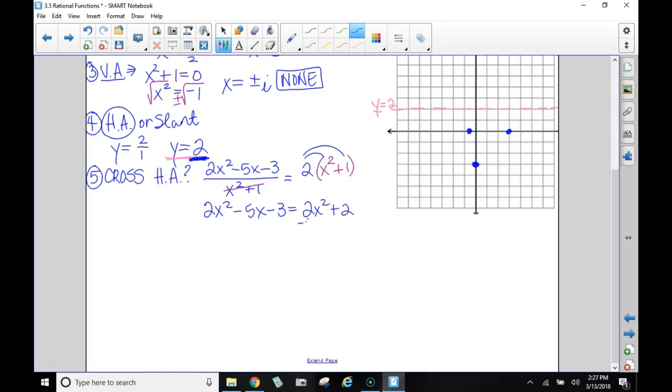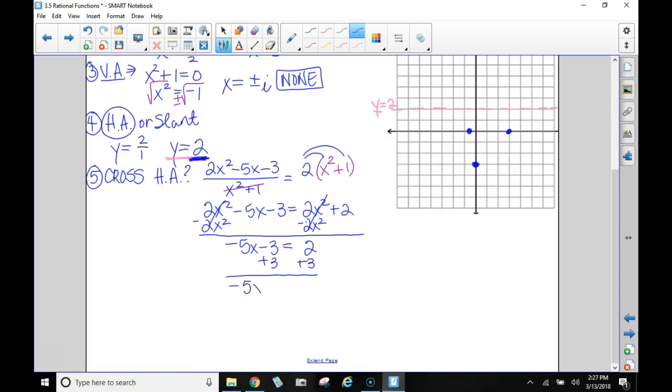Now, when I subtract 2x squared from both sides, those terms are going to fall out, but I'm left with negative 5x minus 3 equals 2. And I'm going to have a solution to this. Add 3 to both sides.